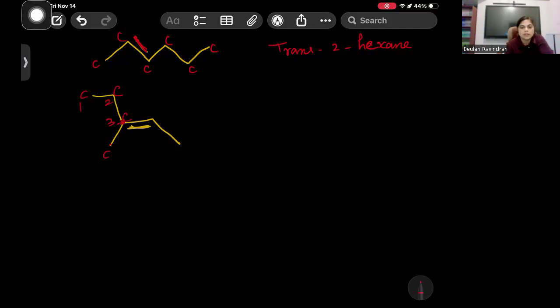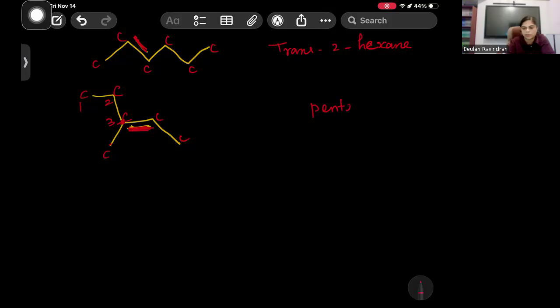Right? And then what we can say, where the double bond is available, second position. Okay. So we can say one, two, three, four, five. Right? So it is pentene. Double bond is here, right?